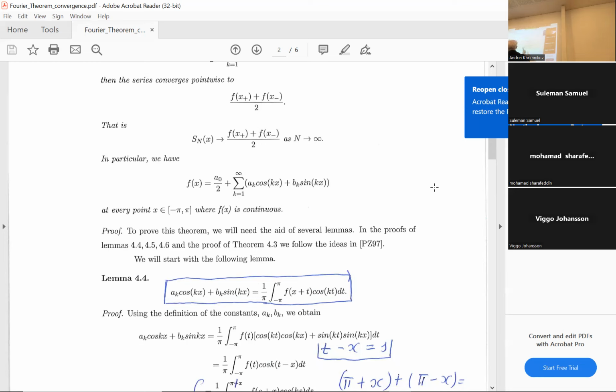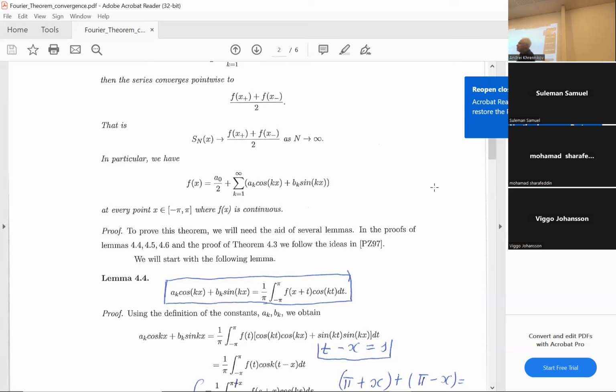So we get an integral with f(x) and the sum of cosine kx and sine kx. We use the formula for the cosine of a sum and so on. But now we want to get one integral.